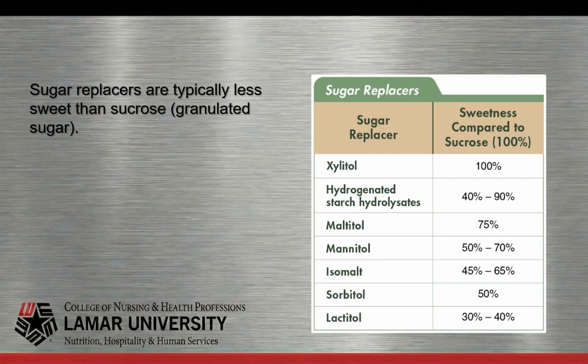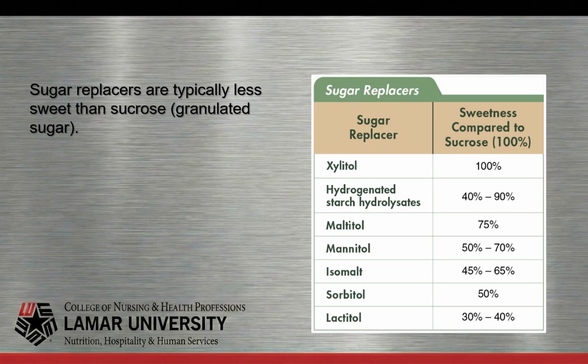A sugar replacer, also known as a sugar alcohol or polyol, is a naturally occurring carbohydrate that is only partially digestible and has a chemical structure that resembles both sugar and alcohol. Sugar replacers are typically less sweet than sucrose, which is granulated sugar, and provide 2 to 3 calories of energy per gram versus the typical carbohydrates at 4 calories per gram.